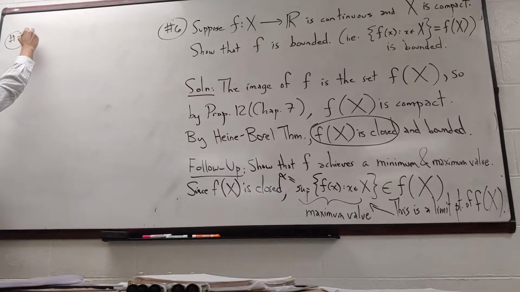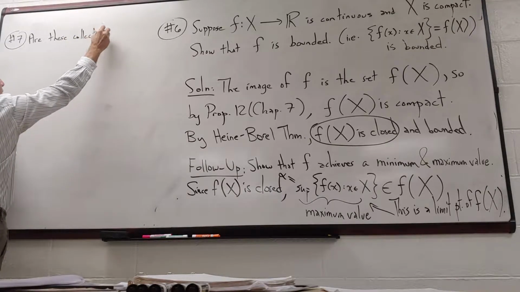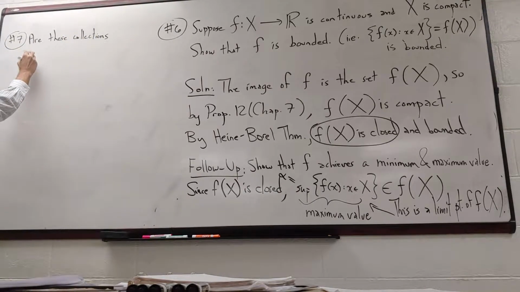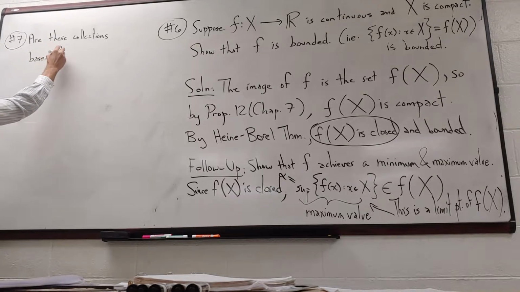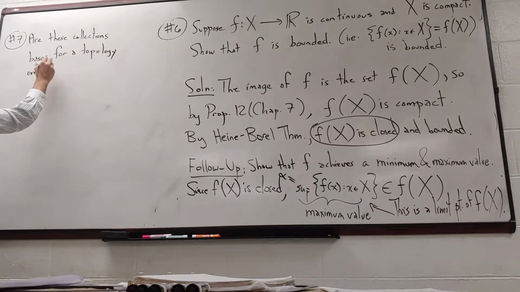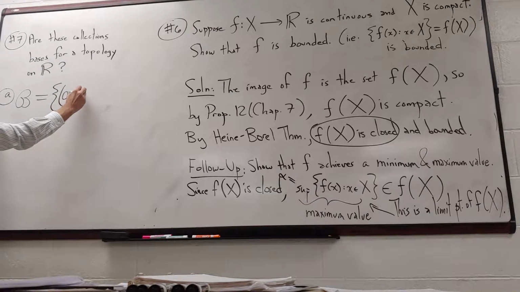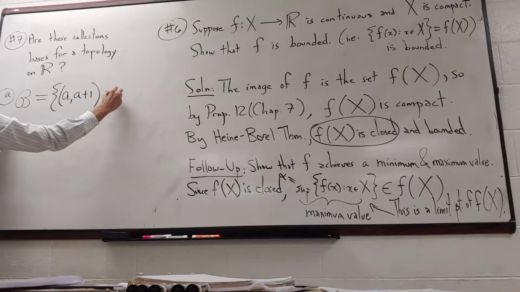Are these collections bases for a topology on R? And we're going to do a few examples, okay? So part A, script B is going to be the set of open intervals a plus 1, such that a is an integer.